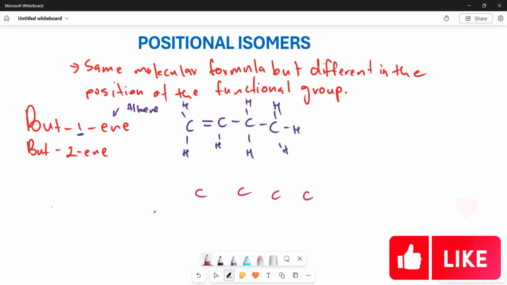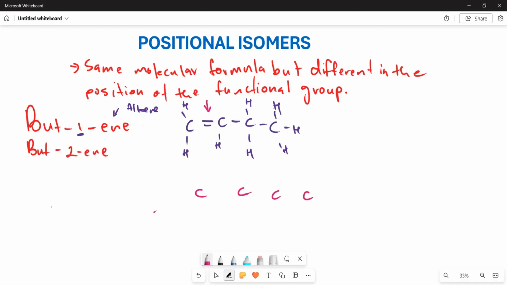But now the position of your double bond that represents your alkene is going to be shifted to the second carbon, which means this is going to be drawn like this. This is how this particular one looks.